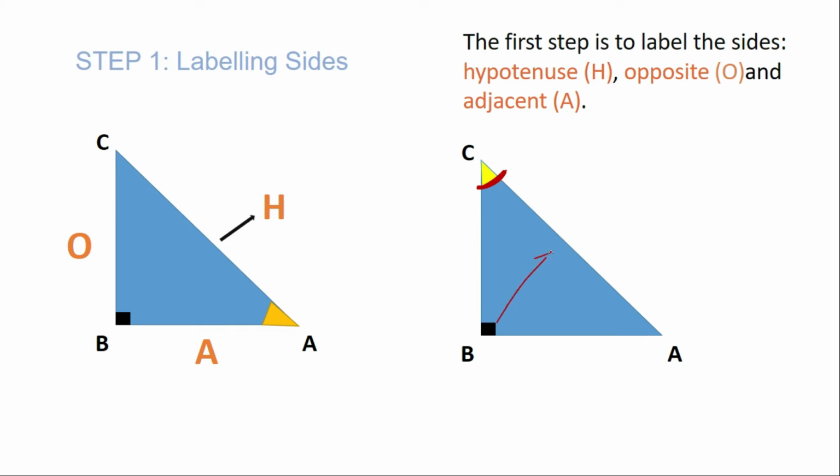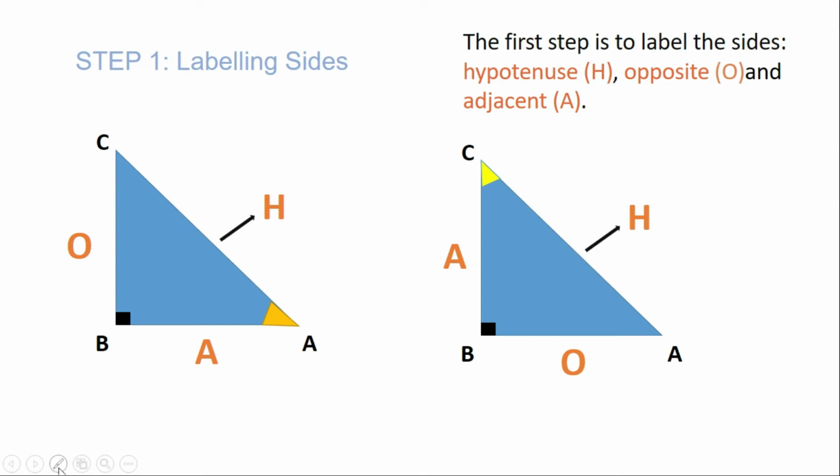Opposite to the 90 degree, you have your H. Then you go to mark your opposite side. You have to consider the acute angle, and you look opposite to the angle considered. So this is your opposite side, in this case, your O. And finally, the adjacent is the BC. The side BC is your adjacent side.